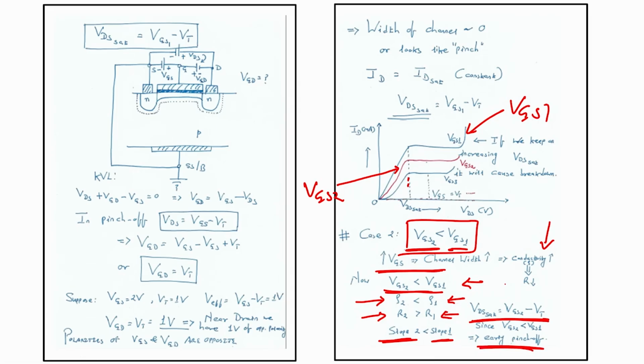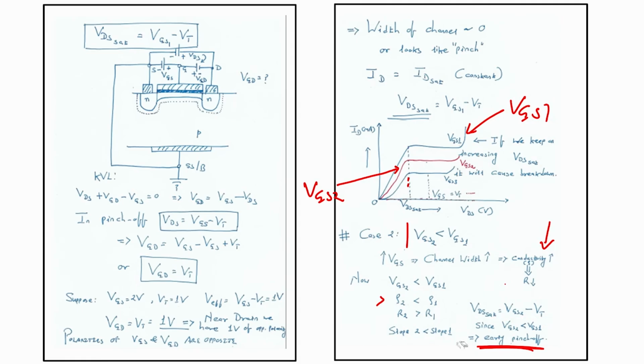Let us see once again. What does that mean? If I have this particular equation where my VGS2 is less than VGS1, that means I see that the resistance at 2 is greater than the resistance at 1, right, because the gate to source voltage is lower.